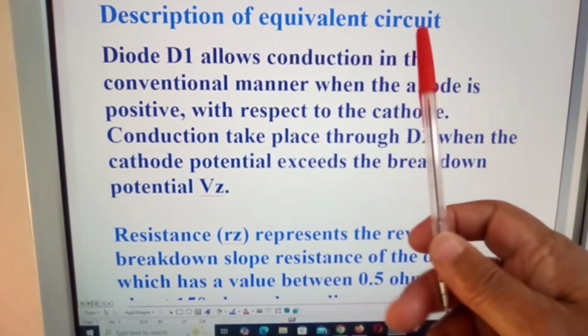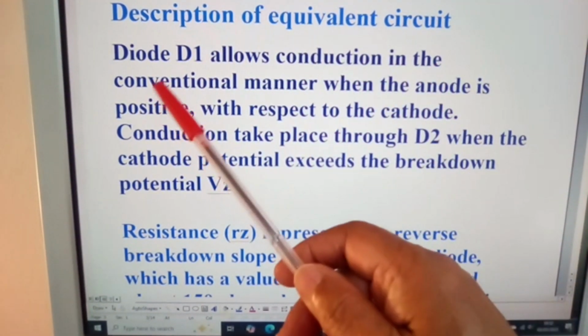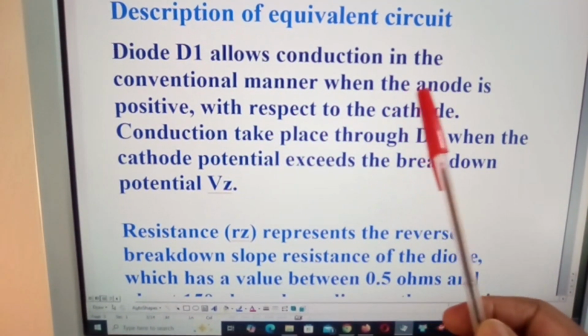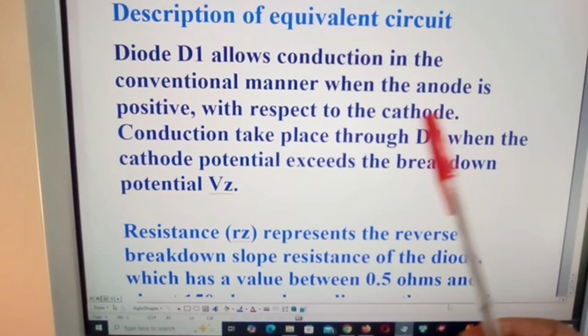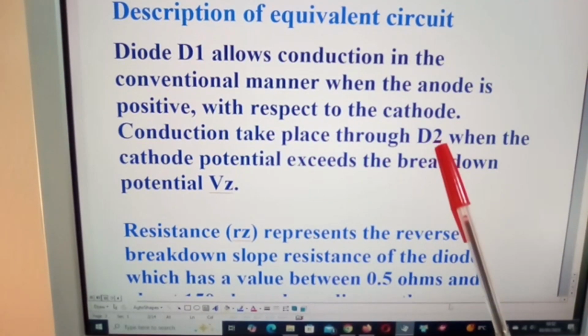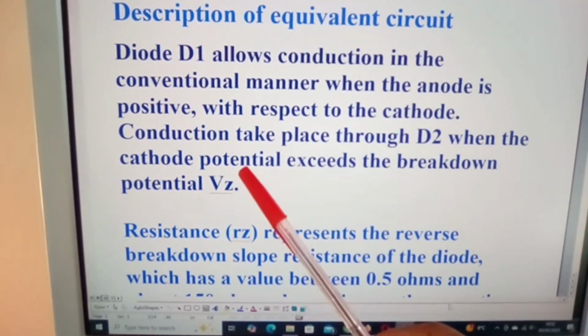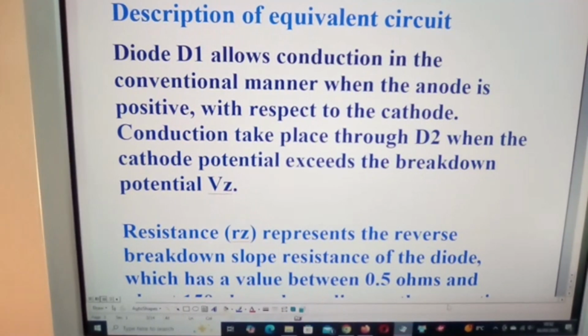Description of equivalent circuit. Diode D1 allows conduction in the conventional manner when the anode is positive with respect to the cathode. Conduction takes place through D2 when cathode potential exceeds the breakdown potential Vz.